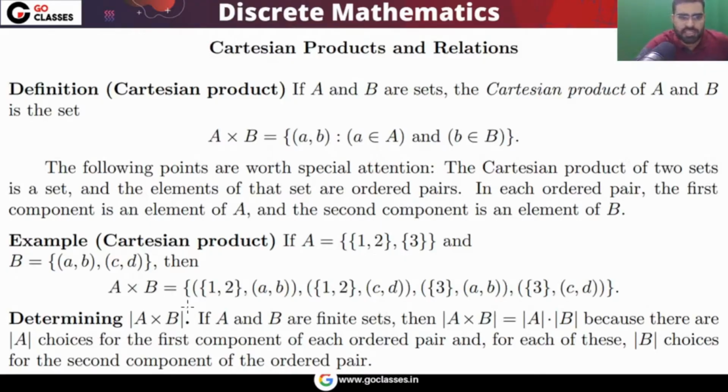You can easily see that if this is your set A, it has two elements, and your set B has two elements. Then what will A cross B be?